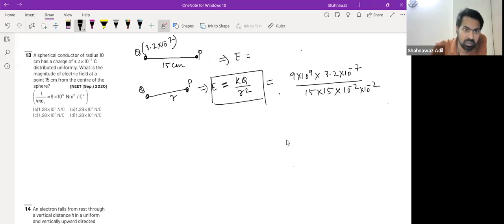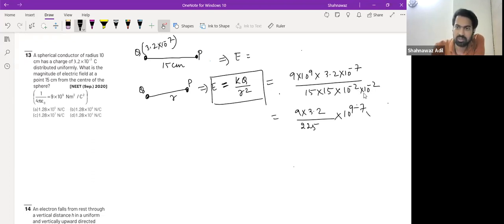So this would be 9 into 3.2 divided by 225, and 10 to the power 9 times 10 to the power minus 7.